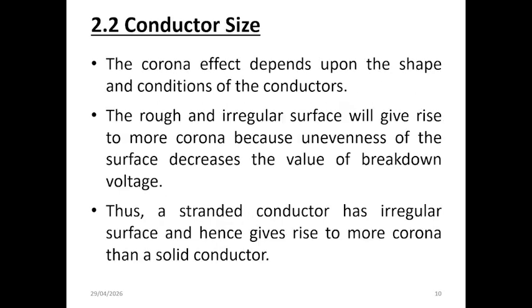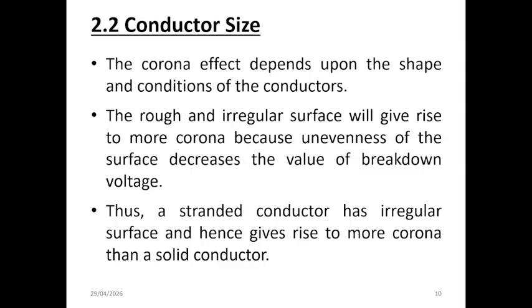The size and physical condition of the conductor significantly influence the occurrence of corona in overhead transmission lines. The corona effect is closely related not only to the diameter of the conductor but also to its surface condition and shape.